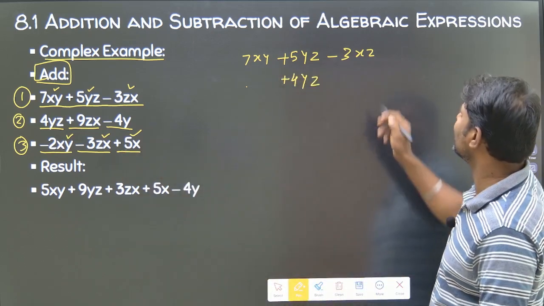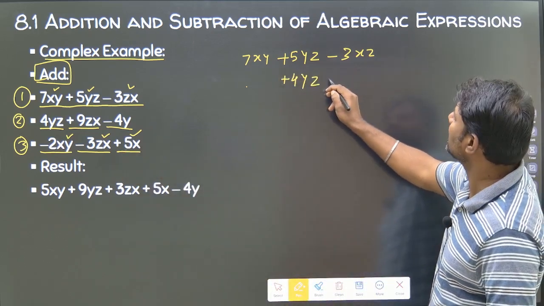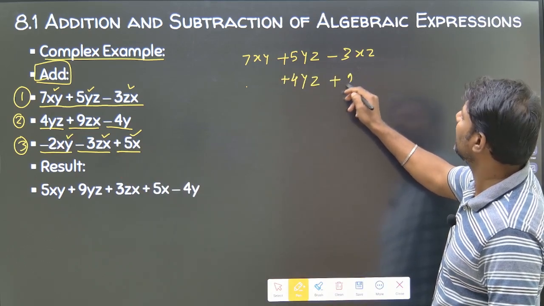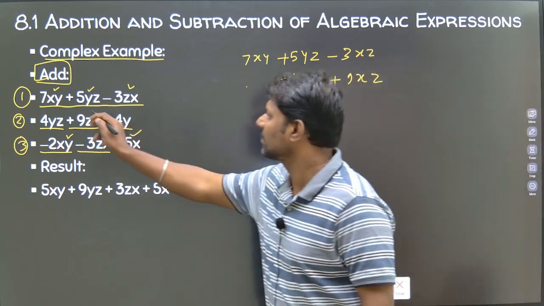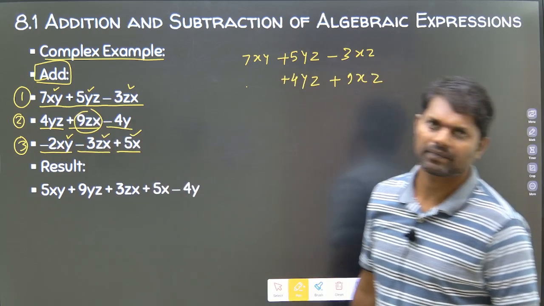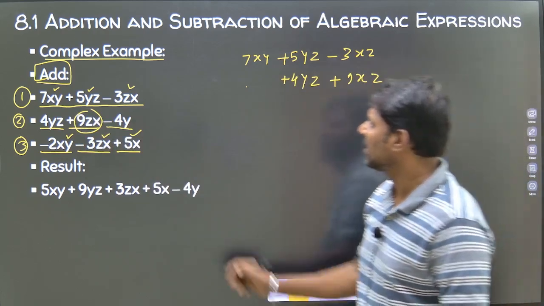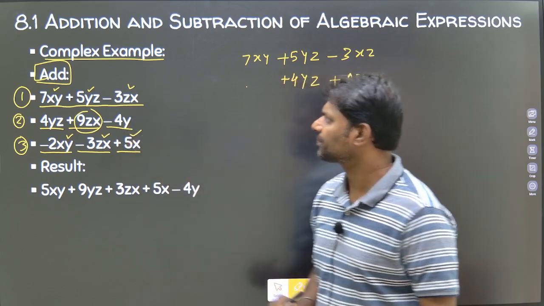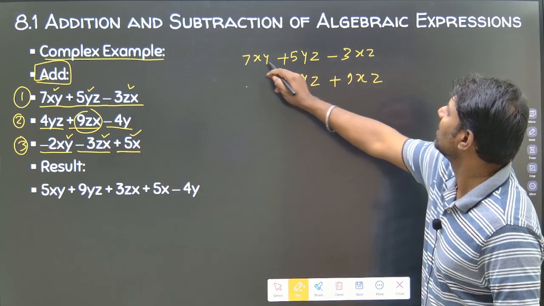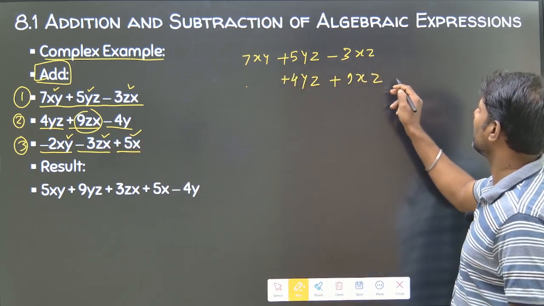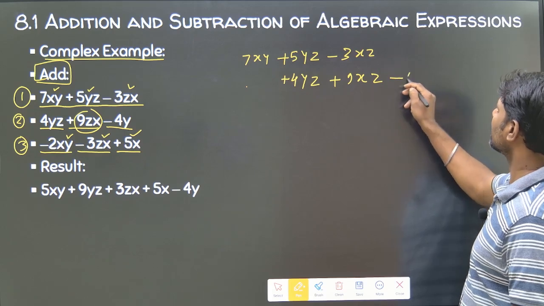Next is 9zx or 9xz. So, where is the xz term? Here. Plus 9xz. So, this term I have written. Next, minus 4y. Where is the y term? No y term, so I will write it separately, minus 4y.